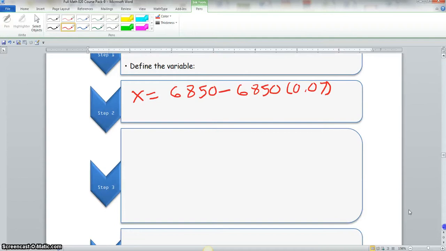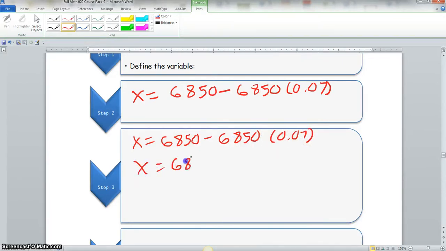So now we will have X is equal to 6,850 minus 6,850 times 0.07. So now we do the multiplication first. So we will have 6,850 times 0.07, and that will give us 479.5.